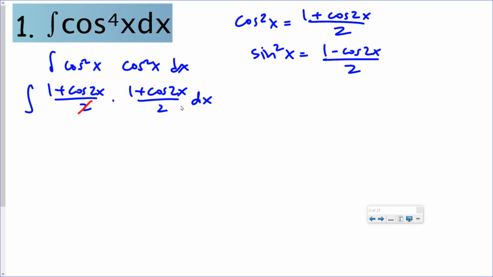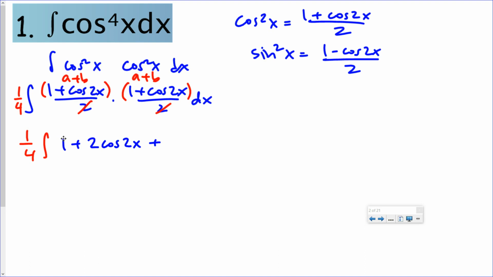What I would do next is I would take out the scalar, which is 1/4, and then what I have left actually here is a plus b times a plus b. Okay, so what I'll have is 1/4 times the integral of, and this will be a FOIL with a middle child, so that's going to be 1 plus 2 cosine 2x plus cosine squared 2x dx.